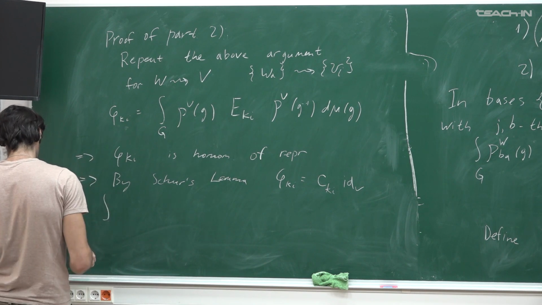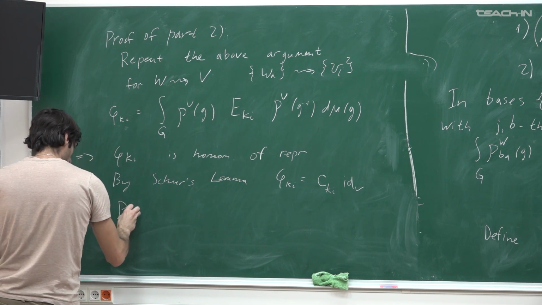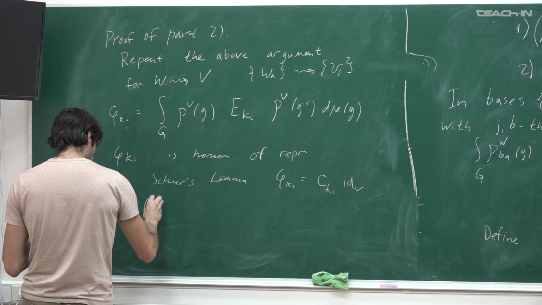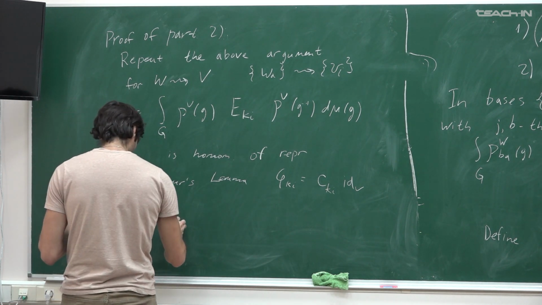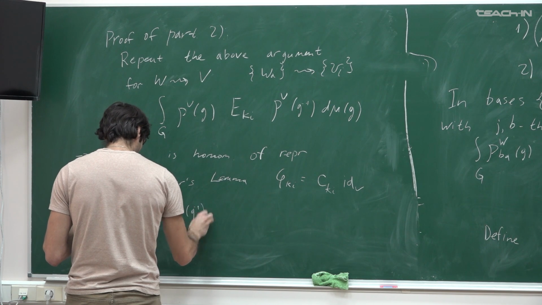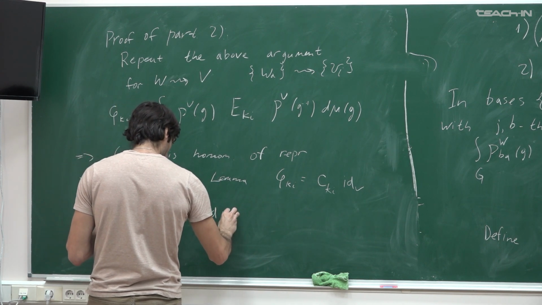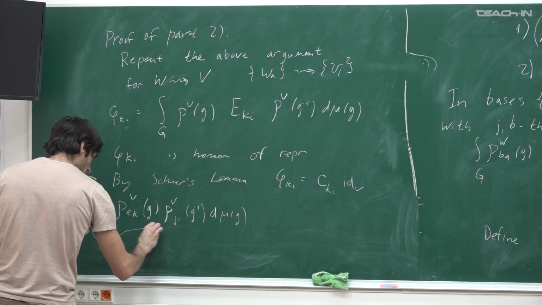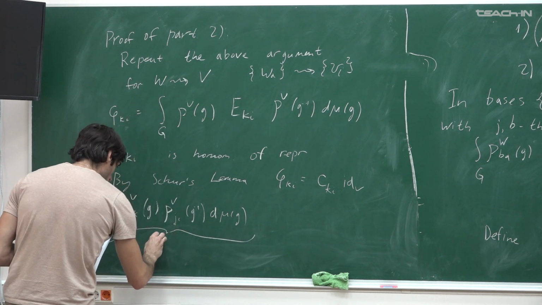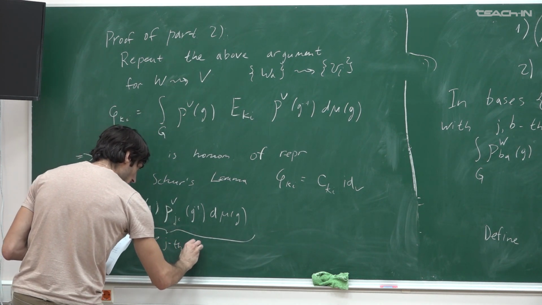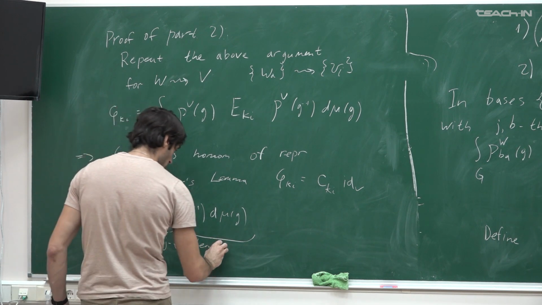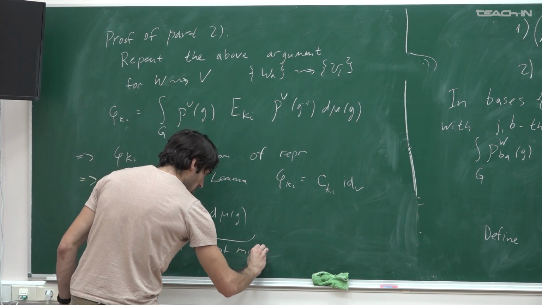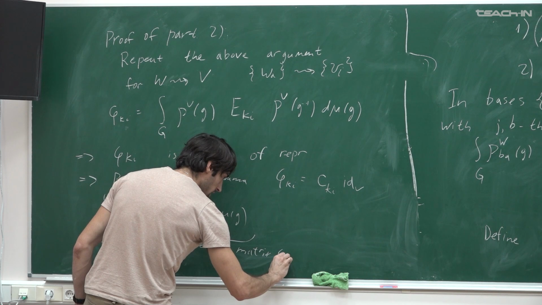And this will be exactly the integral over G of rho_Lk(g) rho_ji(g inverse) d mu(g), and this is the Ljth element of the matrix phi_ki.